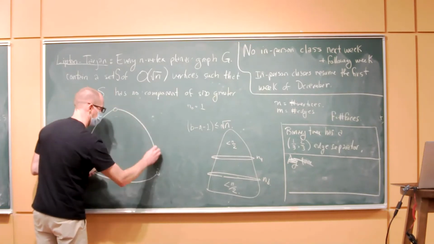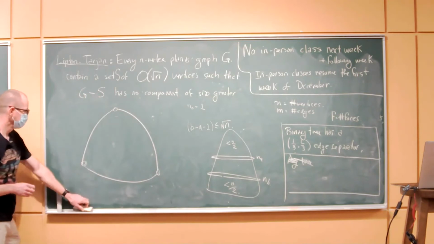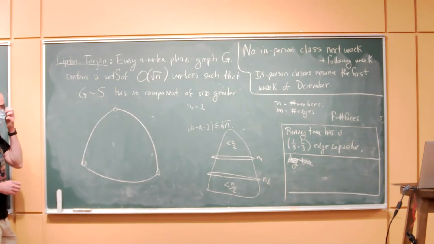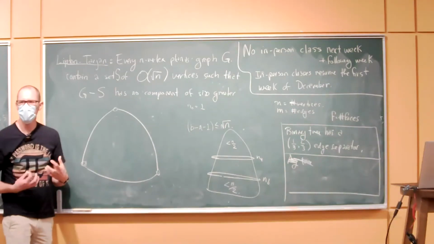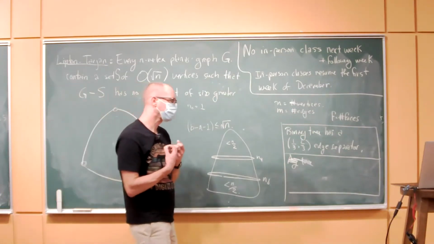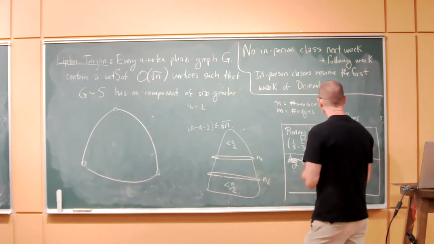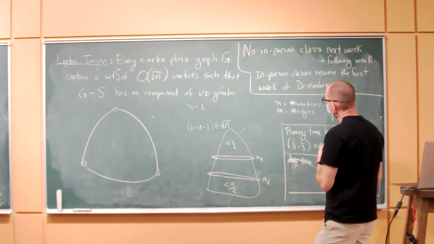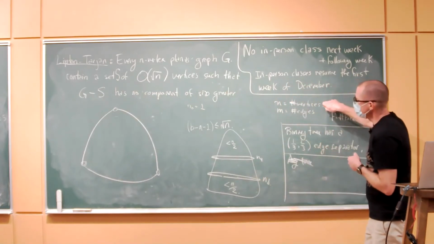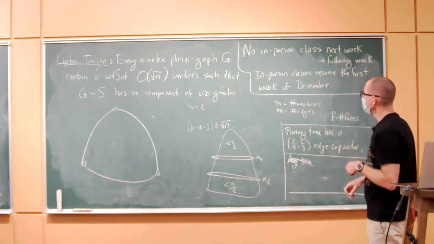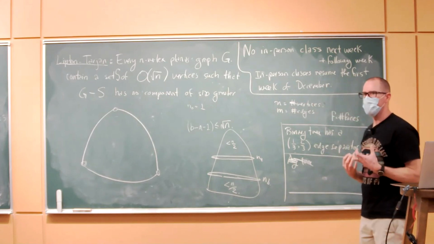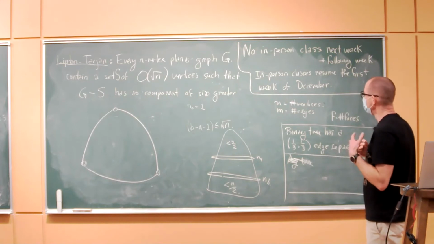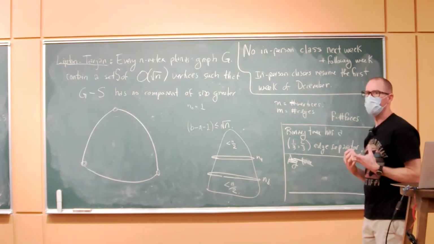One nice thing about planar graphs is that I really understand what the planar graphs look like with the largest number of possible edges. In fact, if I know the number of vertices n in my planar graph, and the graph has as many edges as possible, then I know that the number of edges is exactly 3n minus 6.